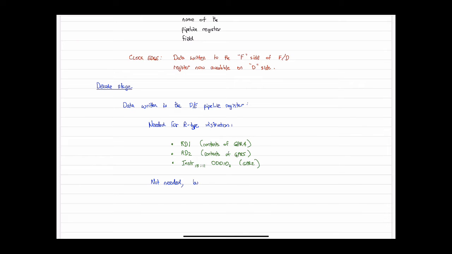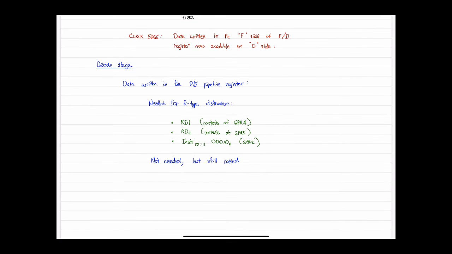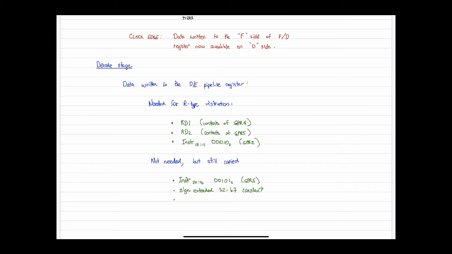Okay, and again for compatibility, we're still passing a lot of other stuff down the pipeline, not used for the R-type. This is one of our source registers, and the sign extended 32-bit constant, which of course we're not using, so that would be used for other instructions.